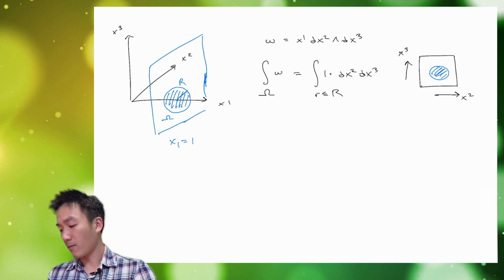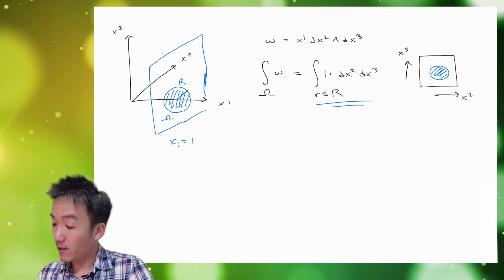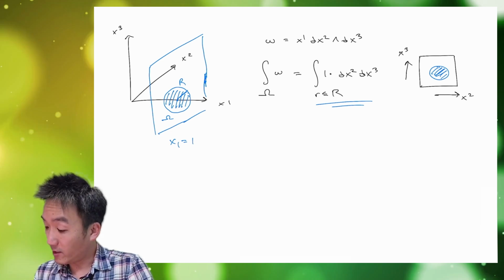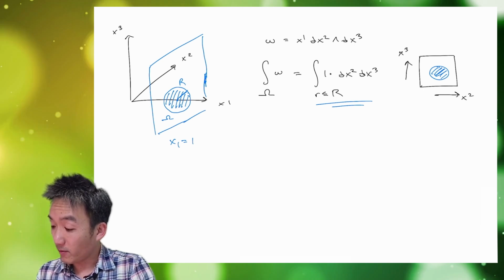All right. So this integral here is exactly computing the area of a disk of radius r. Right. It's just the usual area form, dx2 dx3, restricted to the region given by this disk.